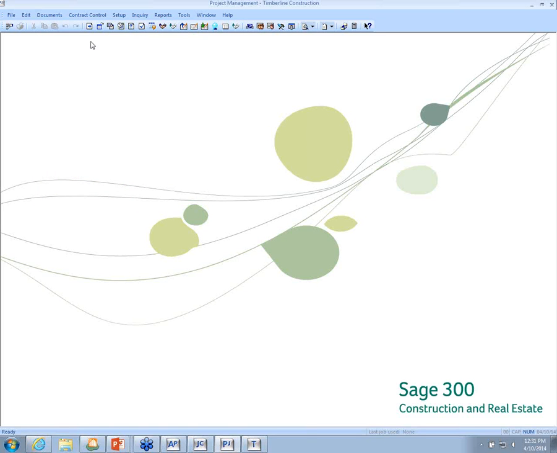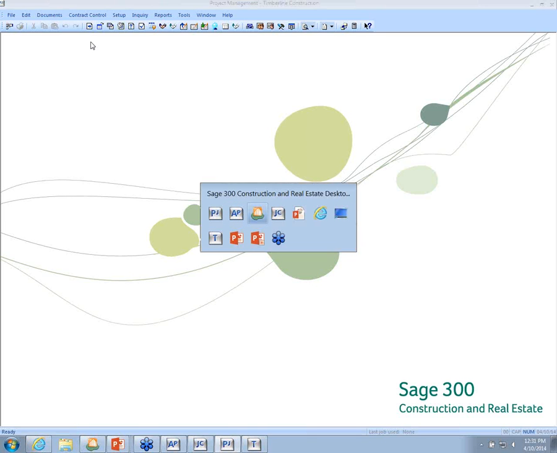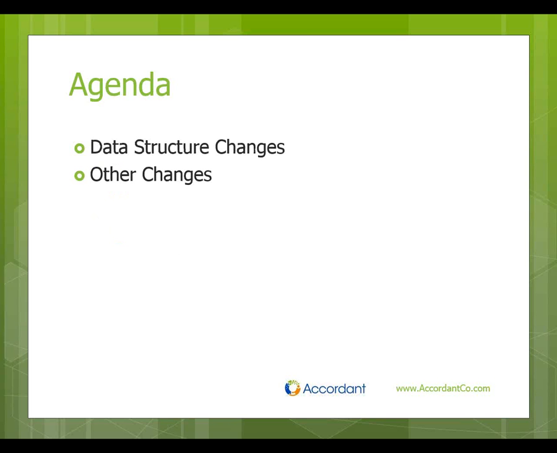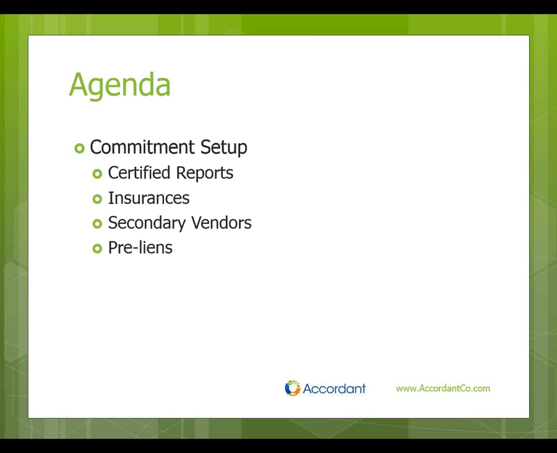Okay. So now, let's talk a little bit about the changes in the data. If you're still running version 9.8 or not, and you've been using the lien waivers in the system, all of those files were previously stored in the AP files, in the AP records. With converting to version 12 or 13, those files are now stored in job cost.